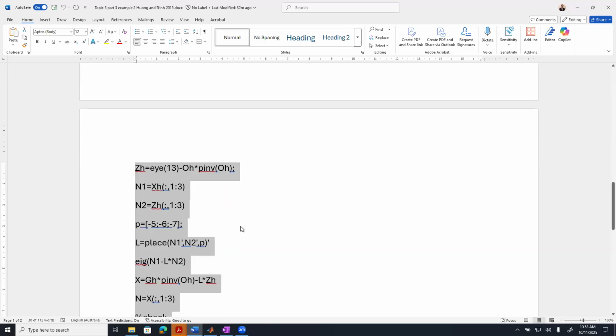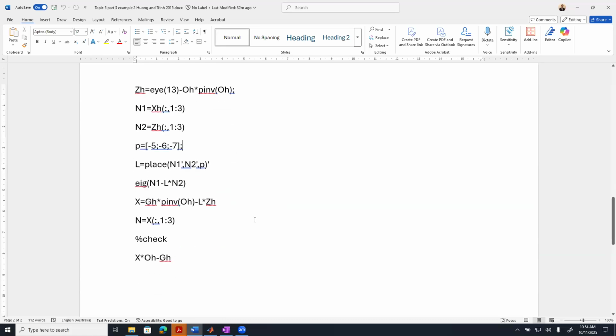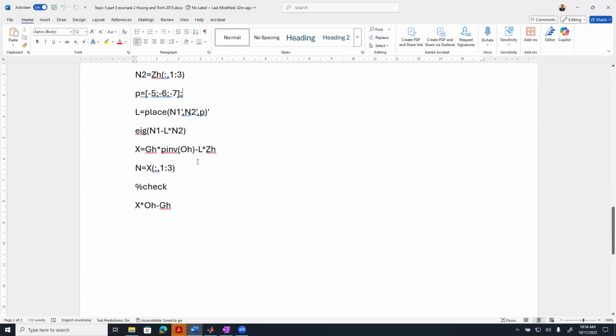And then we exploit it, and we find that the pair N1 and N2 is observable, and we pick arbitrarily the poles of the reduced order system observer, and then we obtain a matrix L which places the eigenvalues anywhere we like. Then we obtain the final solution, taking into account that extra degree of freedom.